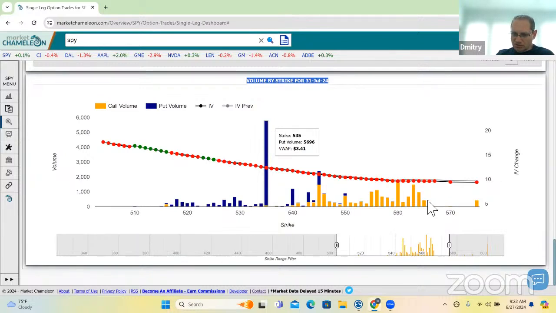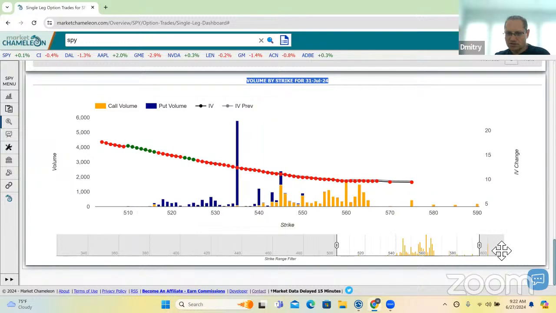And here we can see it looks like a bunch of calls between, I would say, 546 and 565. It looks mostly calls, a little bit of puts to the downside. So in this scenario, let me expand it out further just to see if there's anything.